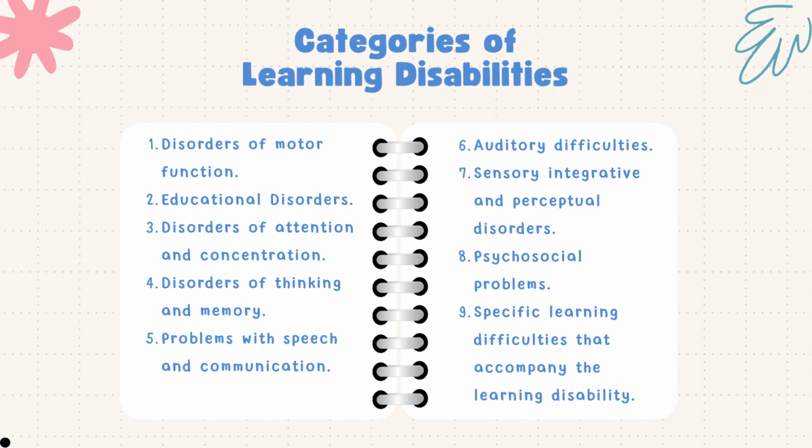There are 9 categories of learning disabilities: disorders of motor function, educational disorders, disorders of attention and concentration, disorders of thinking and memory, problems with speech and communication, auditory difficulties, sensory integrative and perceptual disorders, psychosocial problems, and lastly, specific learning difficulties that accompany the learning disability. So I will explain in detail each category in the next slides.